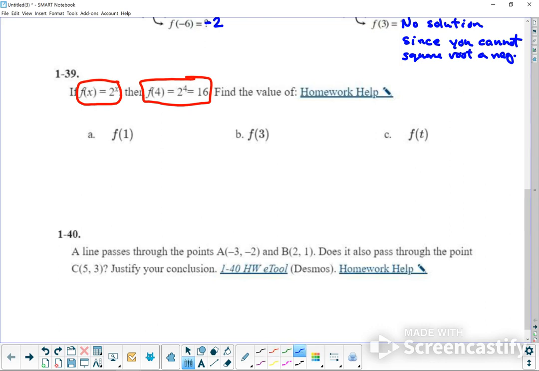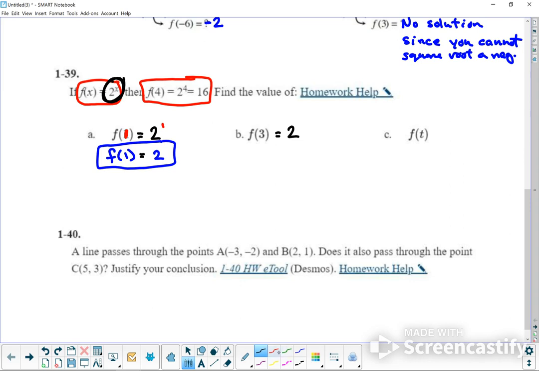So if we want to figure out f of 1, then f of 1 would equal 2 to the 1, which is actually equal to 2. So f of 1 equals 2. f of 3 is equal to, so we're going to utilize the function as 2 to the x power.